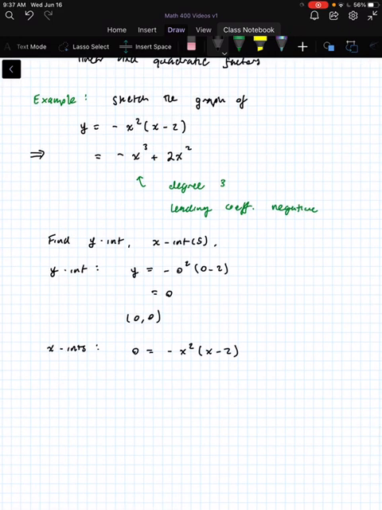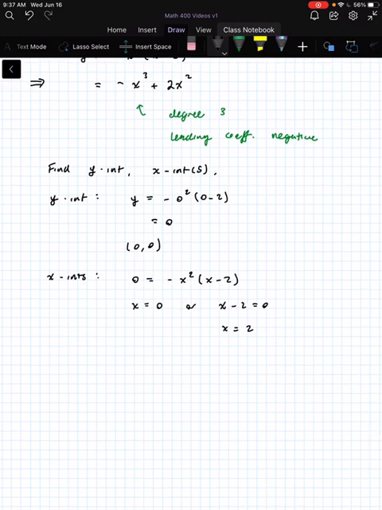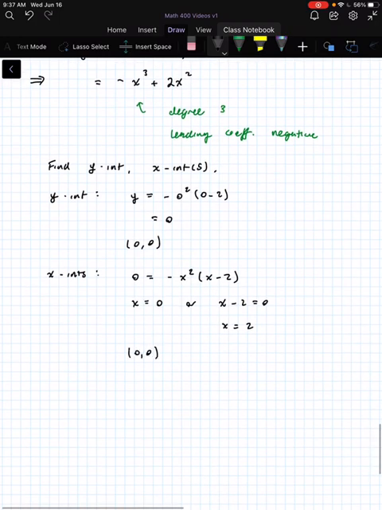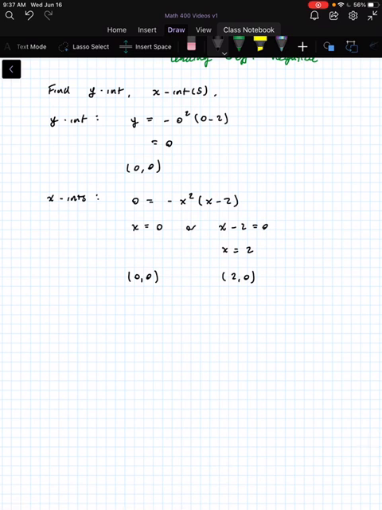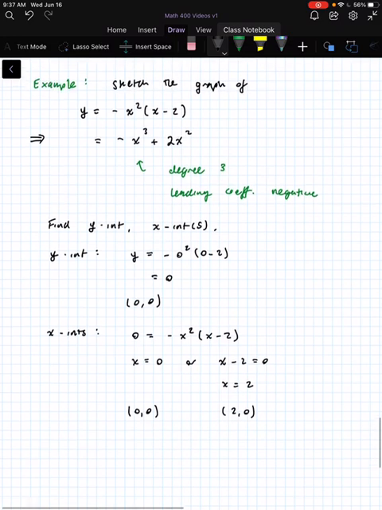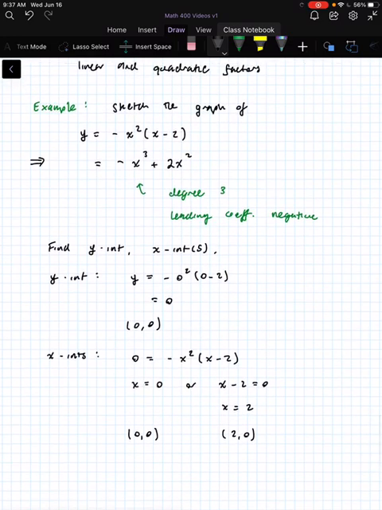As for the x-intercepts, we set y equal to 0 and solve for x. And here, having it in the factored form is much more helpful. So now we know by the zero factor property that x equals 0, or x minus 2 equals 0, which means x equals 2. And we already knew x equals 0 because that was the y-intercept, and so now we also have it as an x-intercept. So we have fundamentally 2 points here that we want to examine.